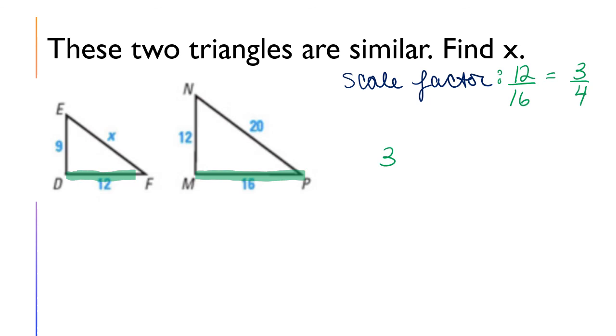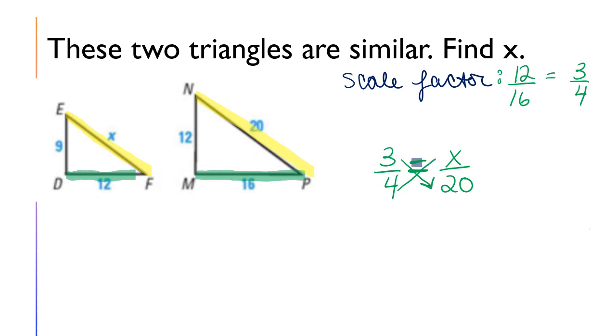Now, for each pair of corresponding sides, their ratio has to equal the scale factor. So that means x, whatever x is, divided by 20 has to equal 3/4. So I can set up the proportion: 3/4 has to equal x divided by 20, because again, figures are only similar if their sides are proportionate.